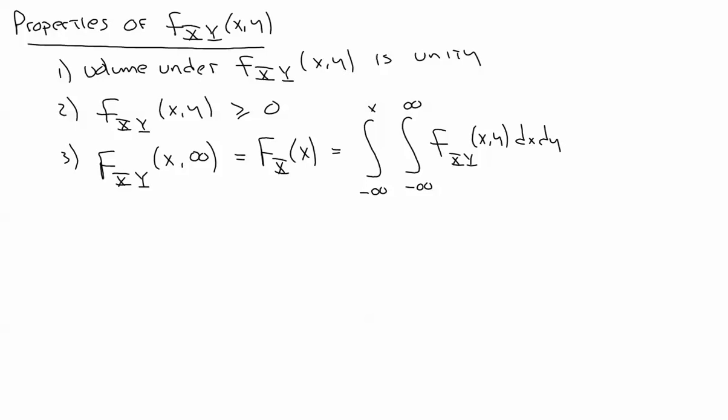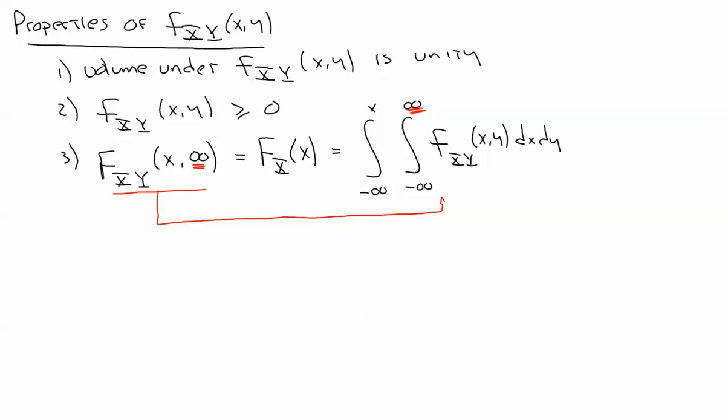So this, my joint cumulative distribution function, where my y value is evaluated at plus infinity, I can find by integrating my joint probability density function, and I'm going to let that upper limit for y be plus infinity.